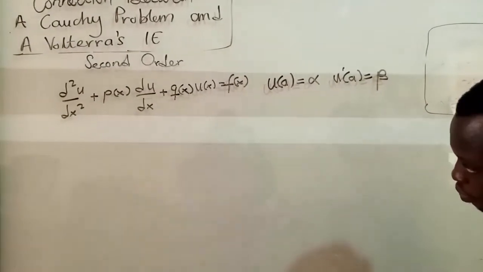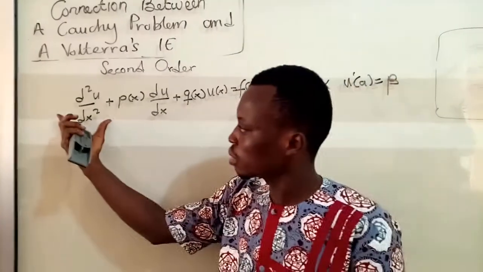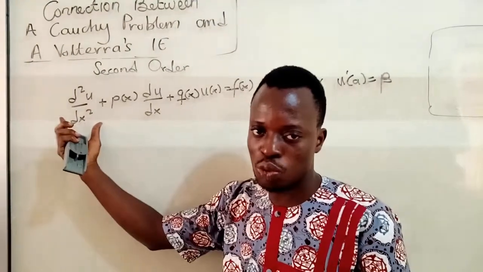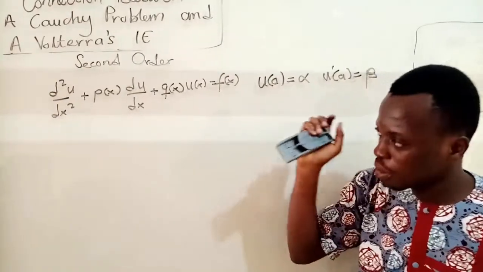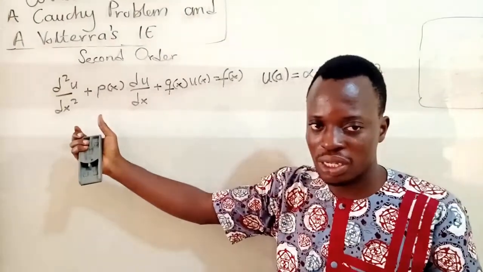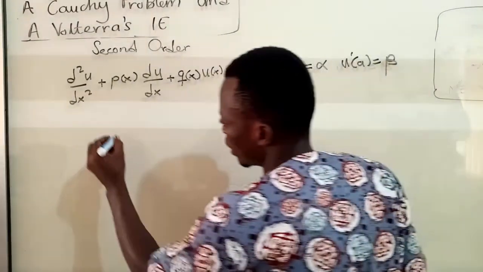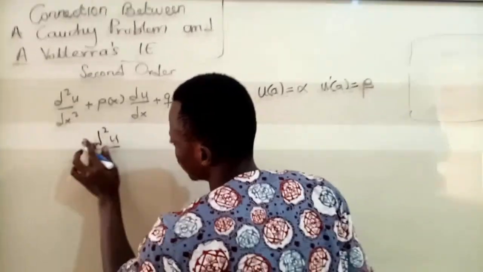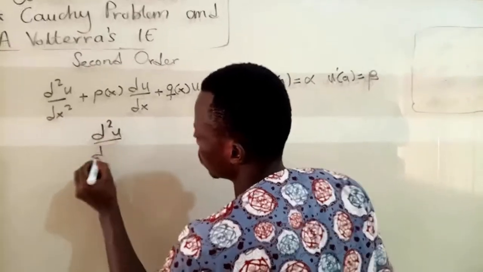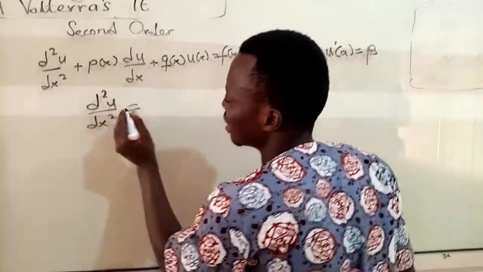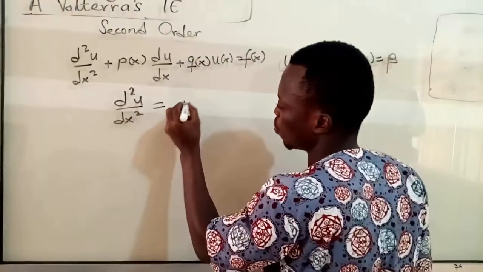From this, you could easily see that the highest derivative is of order 2, that is d square u over ds square. Over here they give you an equation. Check the highest order and take that. So let's take d square u over ds square, and let it be equal to another unknown function, let's say y of s.